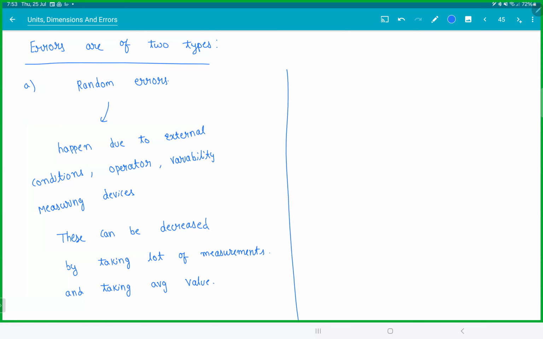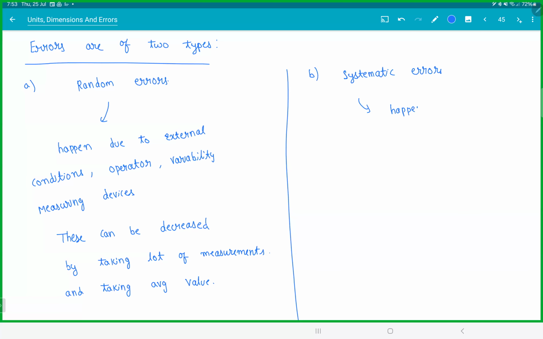There's a second type of errors called systematic errors. These errors happen because you're not careful. Maybe you're not being attentive, or maybe you used a very bad instrument, like that scale which I said, you ate a bit of the scale.